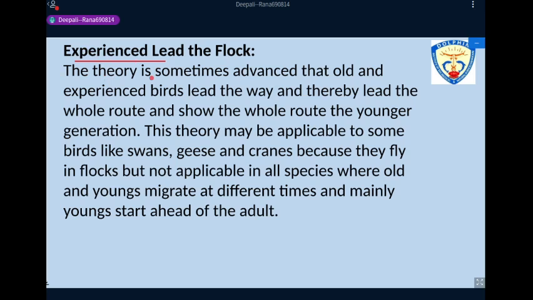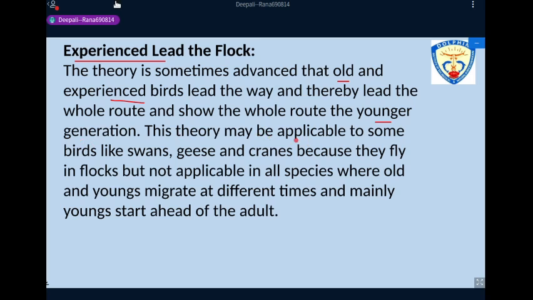The theory is sometimes advanced that old and experienced birds lead the way and show the whole route to the younger generation. In certain cases, if the older ones die in the next year, the younger ones will remember the route and the direction, and they will lead the entire flock when they migrate to that place in the coming year.